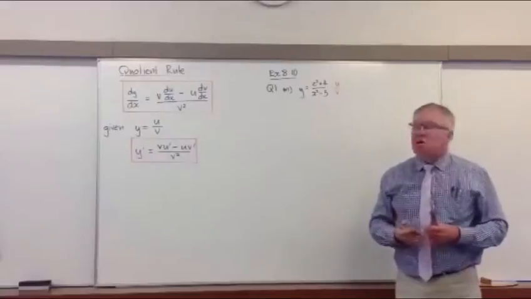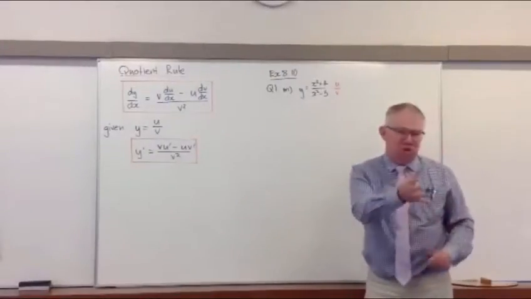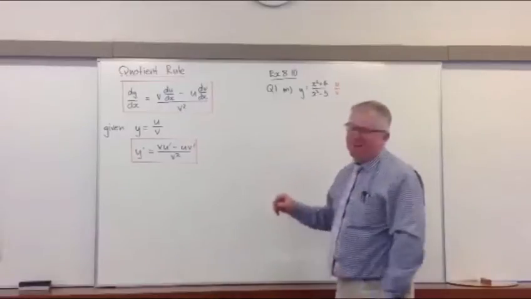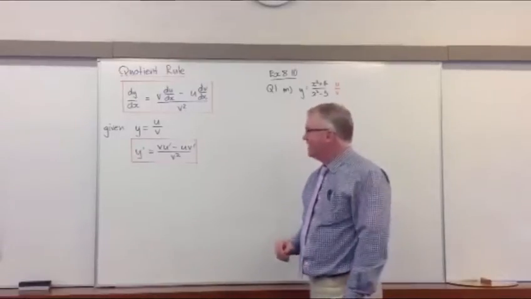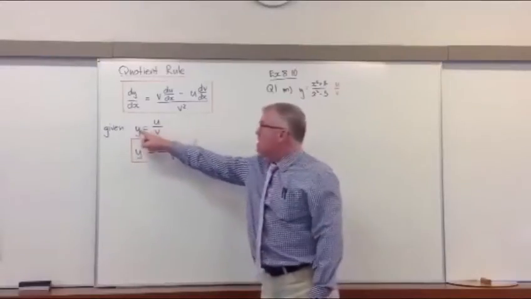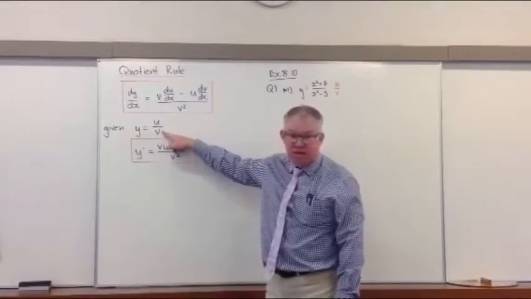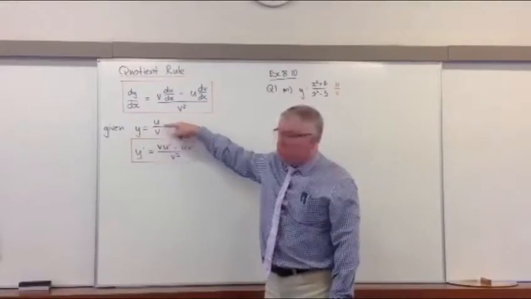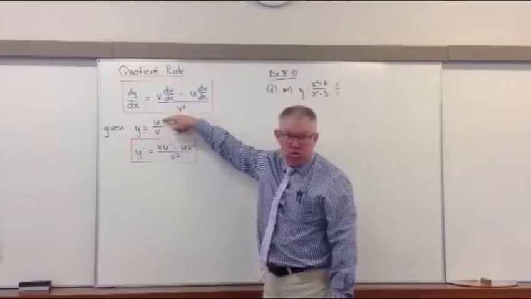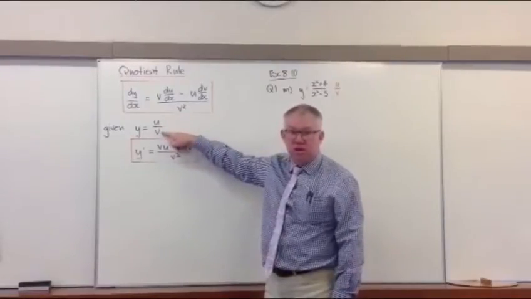Because given y, which is a function of x divided by a function of x, this function here, u, is a function of x, and this function here, v, is a function of x.